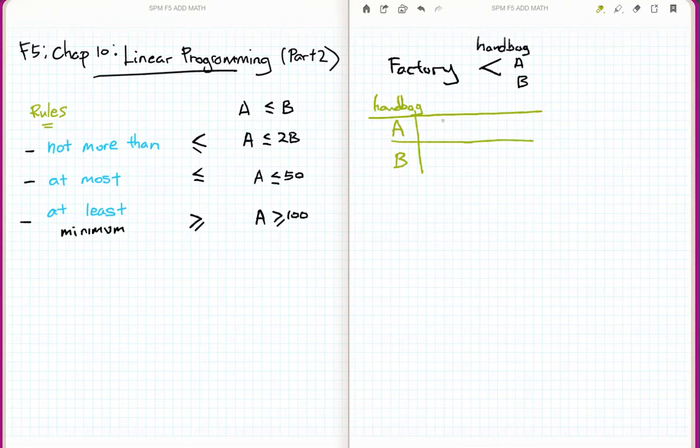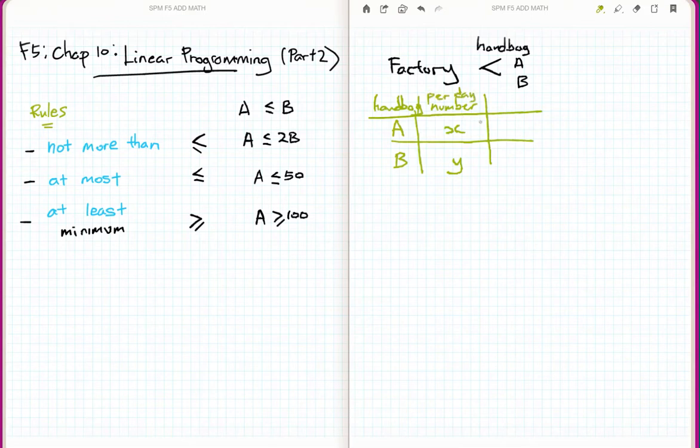And then it produces X bags A and Y bags B per day.